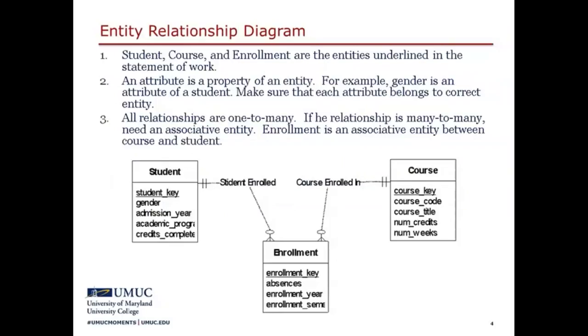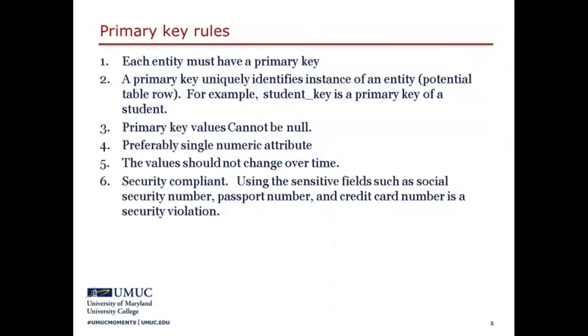So my social security number will show up all over the place wherever the student ID is a foreign key. That's a security violation. So never use the social security number, passport number, or the credit card number as a primary key. This is very important.